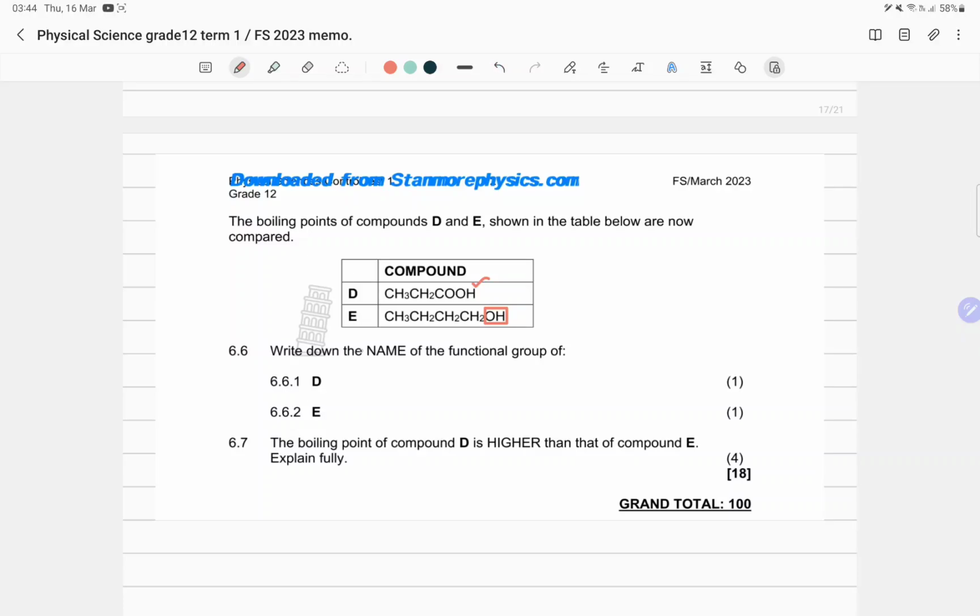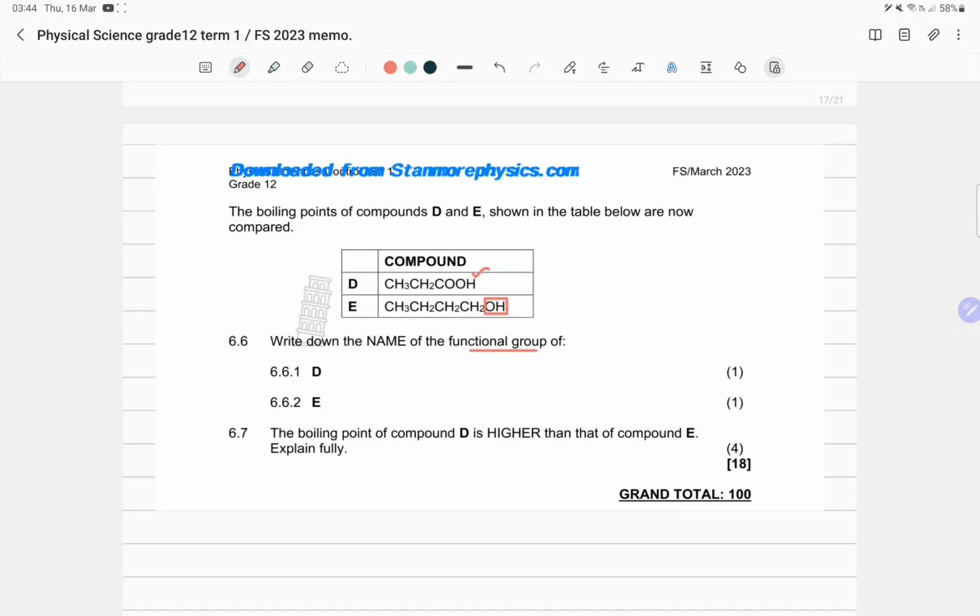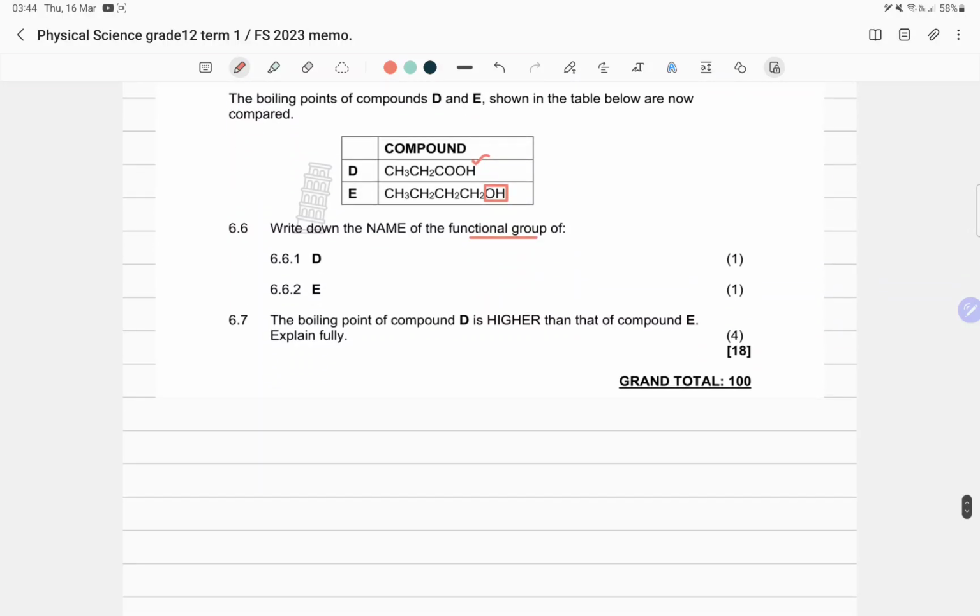Okay, so write down the name of the functional group of D. The name of the functional group. So 6.6. So D is basically the carboxyl group. Okay, easy. So 6.2.